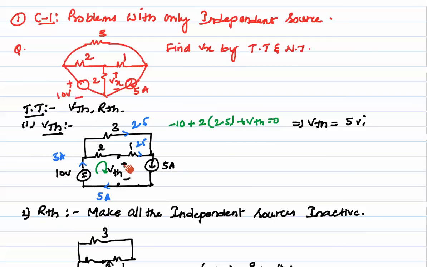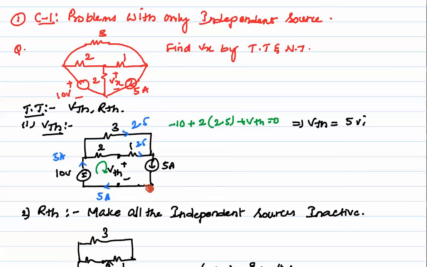After doing this, we need to find what VTH is. In order to find VTH, we can use different techniques: node or mesh analysis, KVL, KCL, source transformation, or any other technique. Here, the current source has current flowing through a 10 volt source. As we know, when a voltage source and a current source are both in series, the equivalent circuit has only the current source.